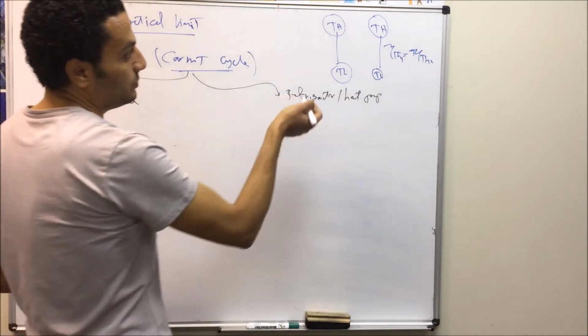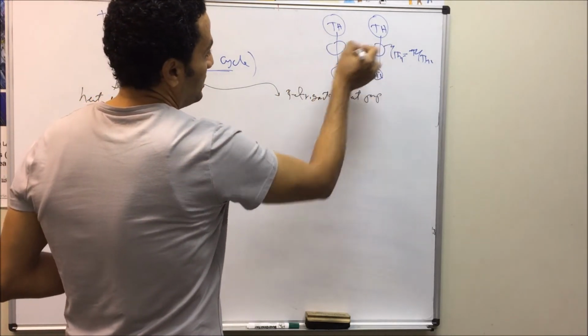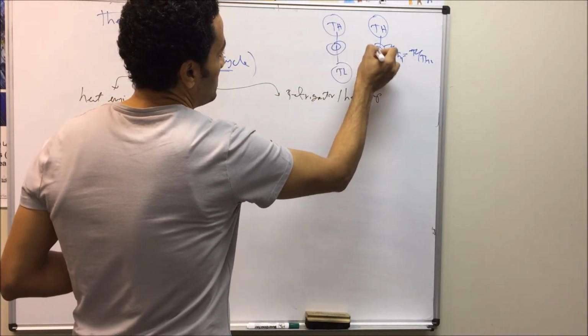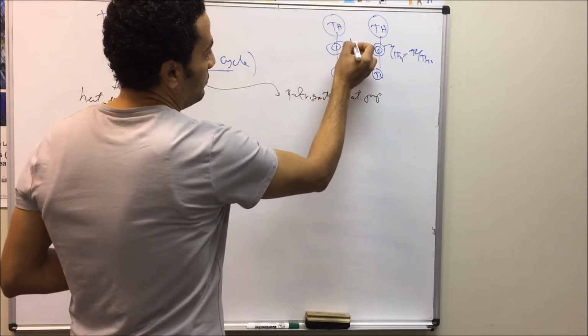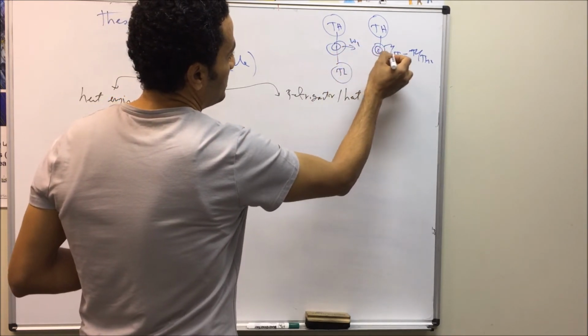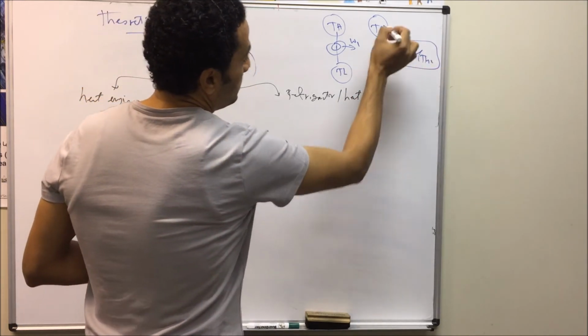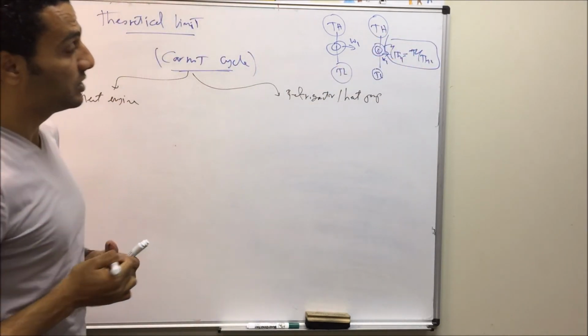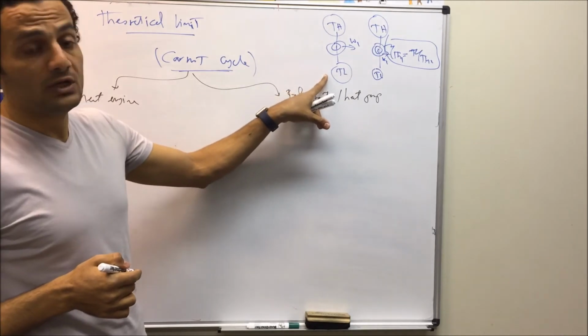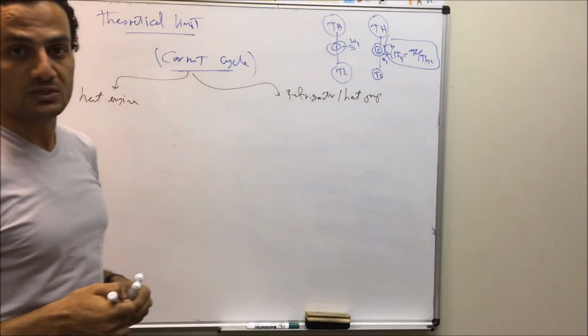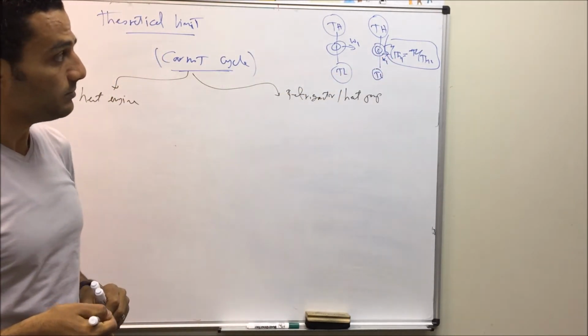This is heat engine 1 and this is heat engine 2, with work out 1 here and work out 2 there. If those two heat engines are reversible, working between the same T high and T low, they should have the same reversible thermal efficiency.